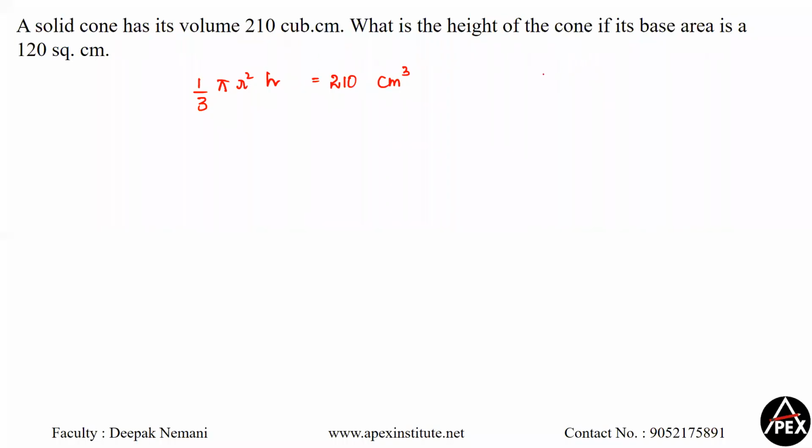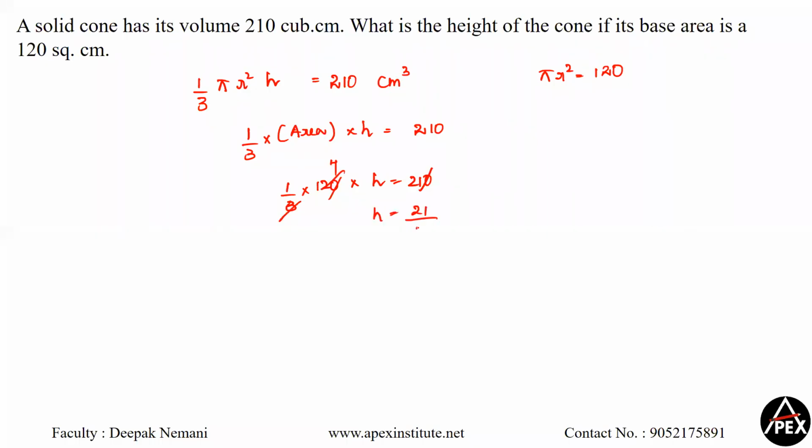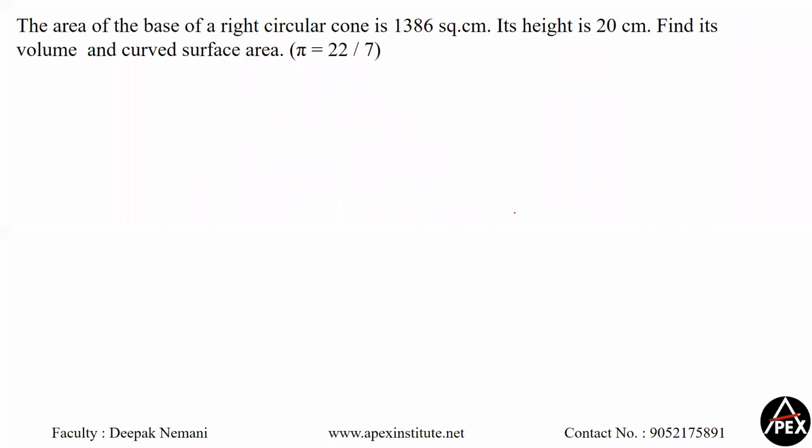So base area, pi r square, is equal to 120, isn't it? So I can write this as 1 by 3 into area of base into height, which is equal to 210. So 1 by 3 into 120 into h is equal to 210. So h is 21 by 4, which will be equal to 5.25 centimeters. So the height of this cone will be 5.25.